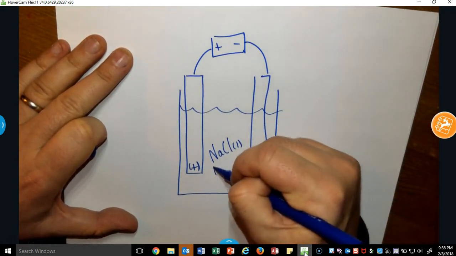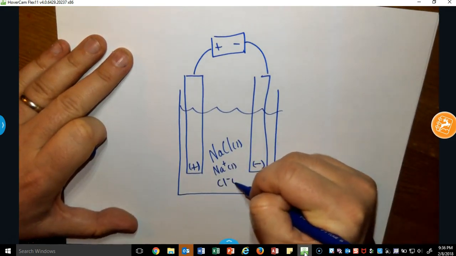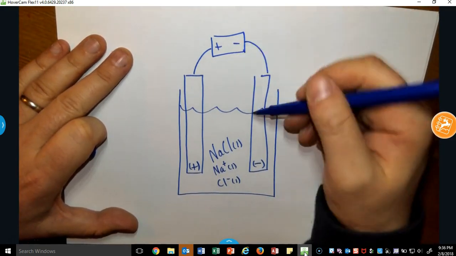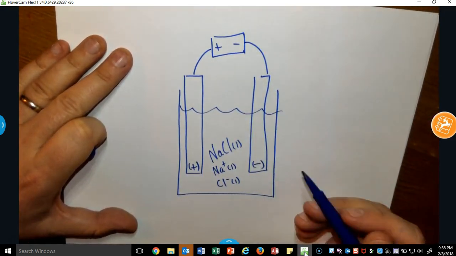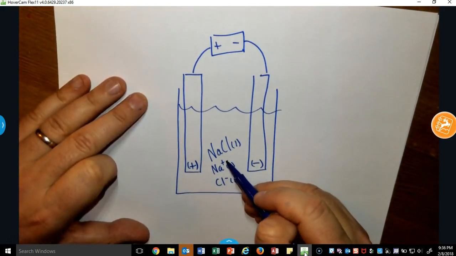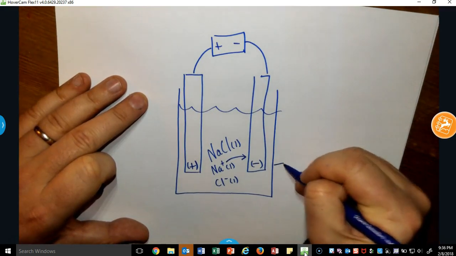Now, what that consists of is liquid sodium ions and liquid chloride ions. Once we attach the battery, we're going to electrify those electrodes. Because the sodium ions are positive, they will migrate toward the negative electrode and be reduced, right?